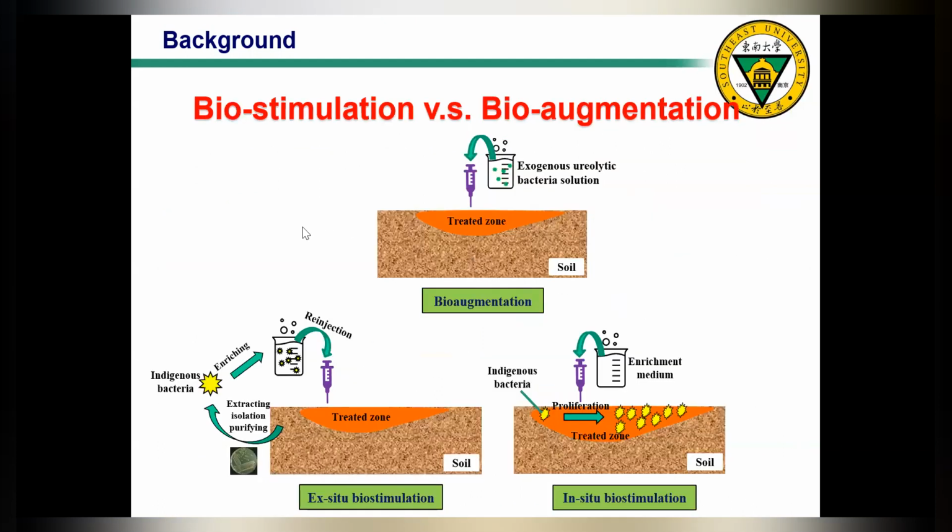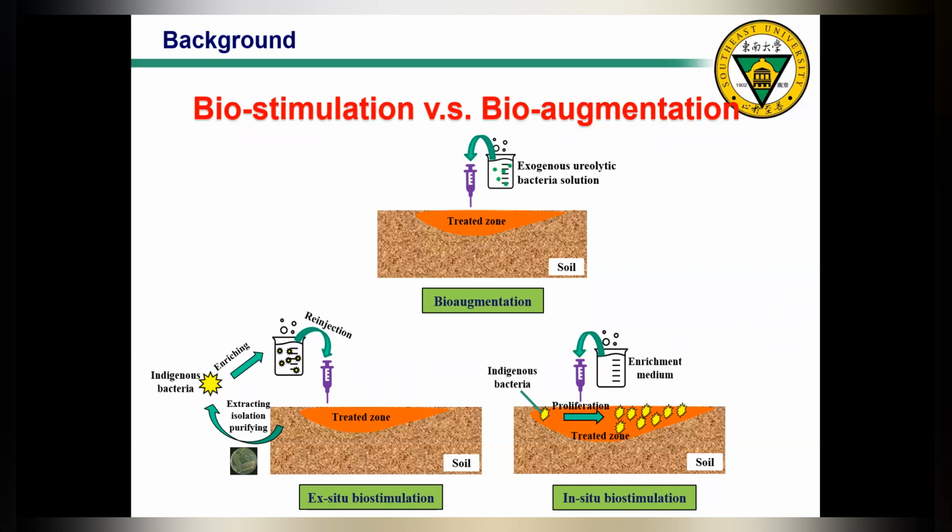Okay, so the approaches to achieve MICP, right? There are two. One is biostimulation and the other is bio-augmentation. Bio-augmentation is the more typical way, meaning that a standard or known bacteria species is cultivated in the lab, and then the bacterial solution is injected into the ground to trigger MICP reactions.